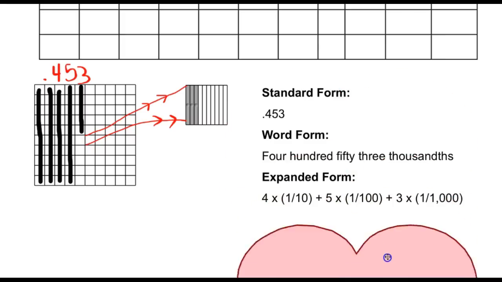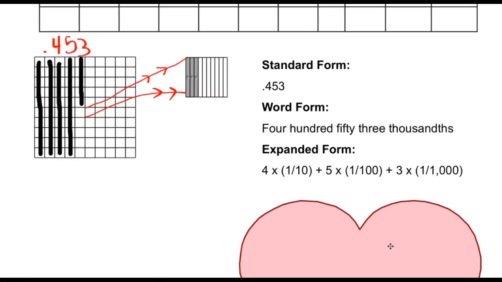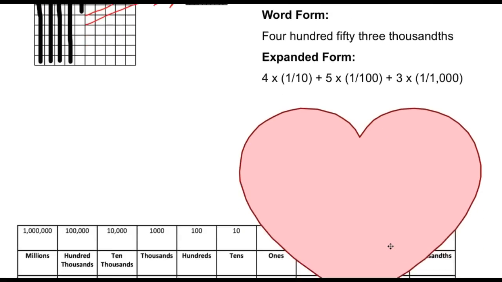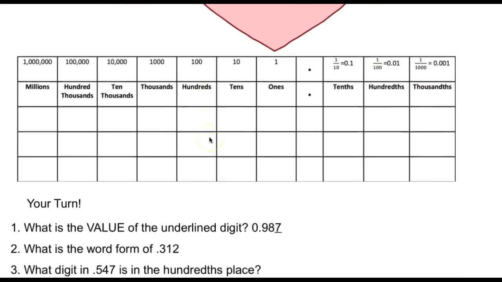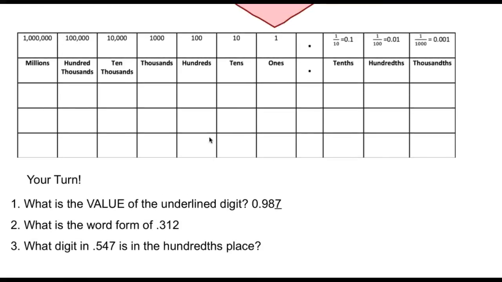So those are the different forms that I would use, and you will be seeing a lot more of these different forms coming up. So the last thing I want you to do in our video today is answer these last 3 questions. These are pretty simple questions. I want you to look at questions 1, 2, 3. You can look at this place value chart up here if that helps you.